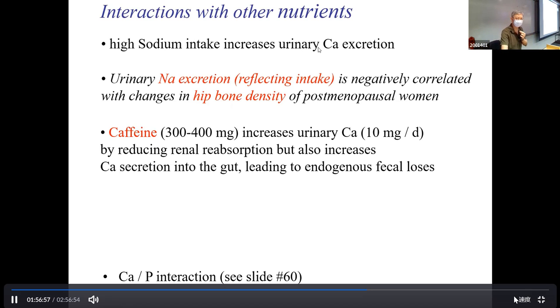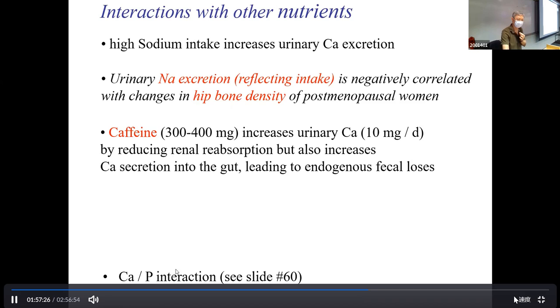High sodium intake is known to increase calcium excretion. So if you take in a high sodium diet, you lose more calcium. As I said, caffeine will increase calcium excretion, but in general, this effect is not that significant. Yes, it will increase, but it's not a very important impact.